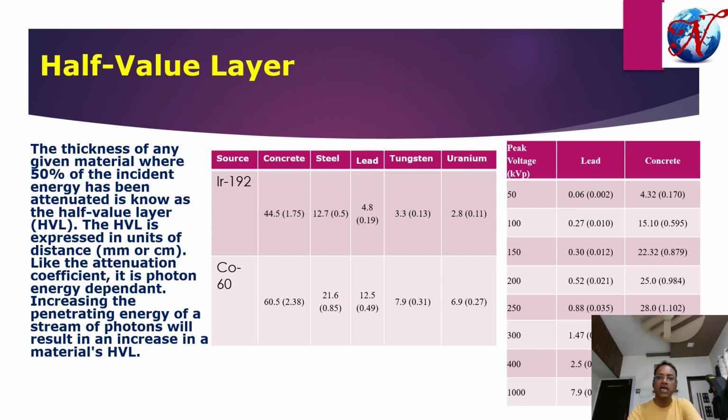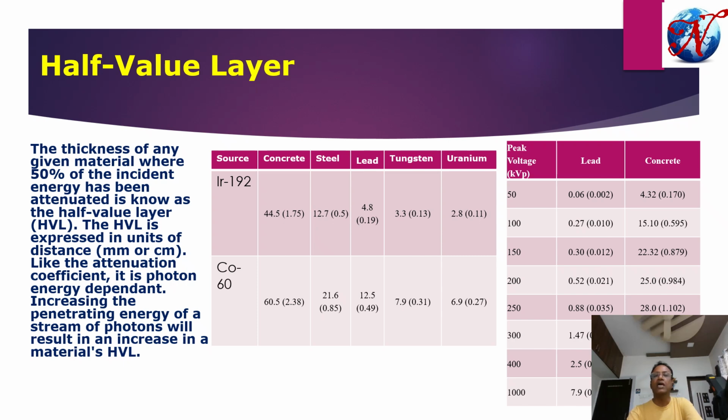The material which has a lower HVT value can be considered a good shielding material for radiation protection. For example, in the case of iridium 192, concrete has an HVT value of 44.5, steel 12.7, lead 4.8, tungsten 3.3, and depleted uranium 2.8.